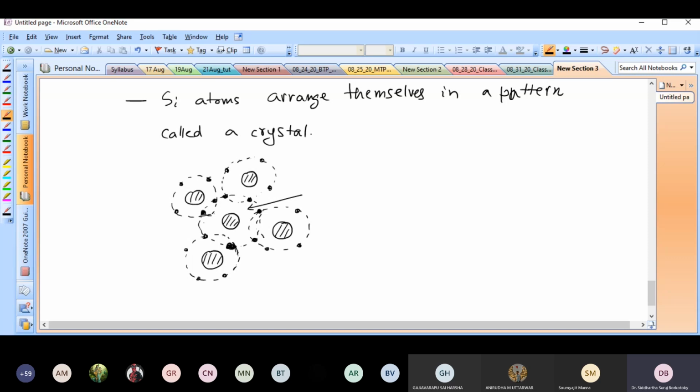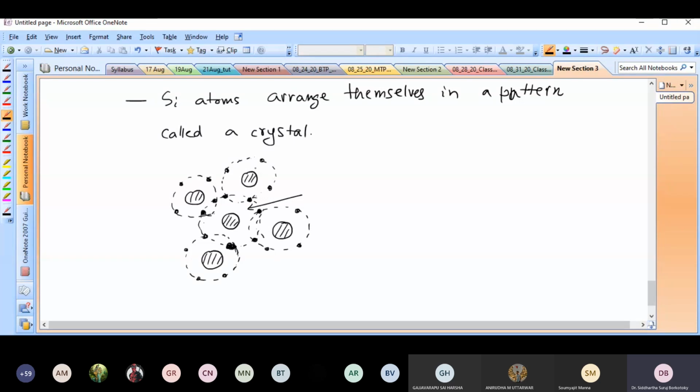So these shared electrons remain in their place in this orbit because they are pulled by both atoms in an equal and opposite direction, or with equal force in the opposite direction. So, for example, if you look at this atom, this electron is being pulled by this inner core and the outer core as well.